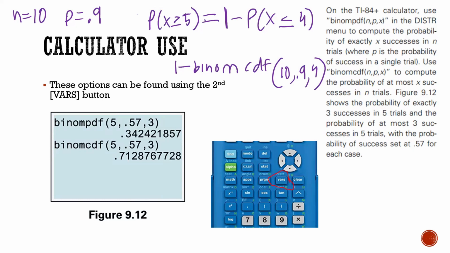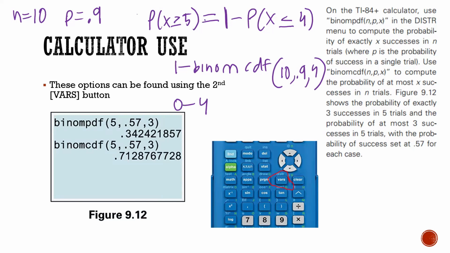All right, the probability that x is 5 or more. What's the opposite of being 5 or more? 5 or more is 5 through 10. The opposite is 0 through 4, right? Think of the scale 1 to 10.